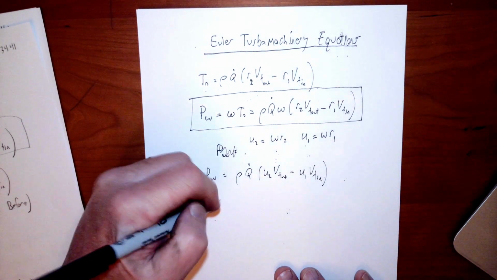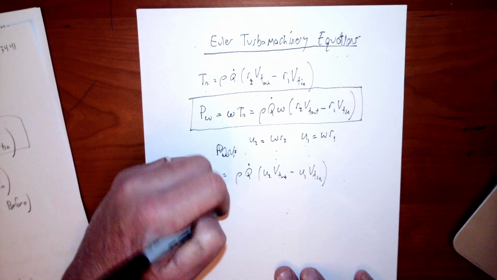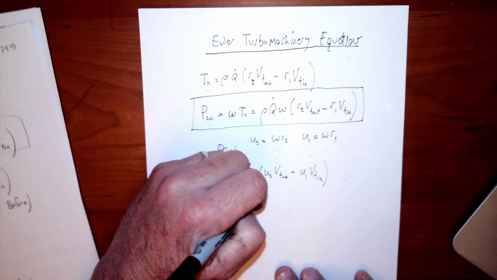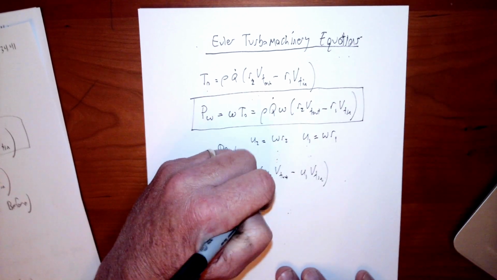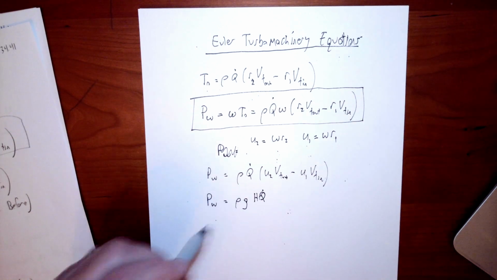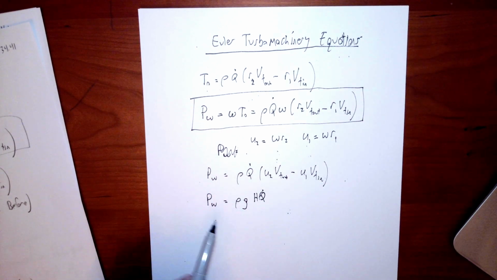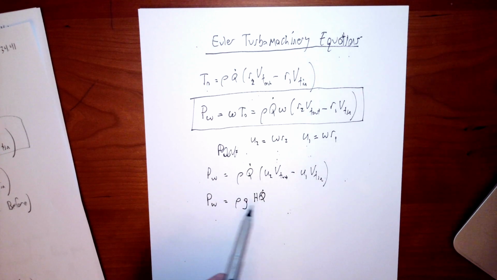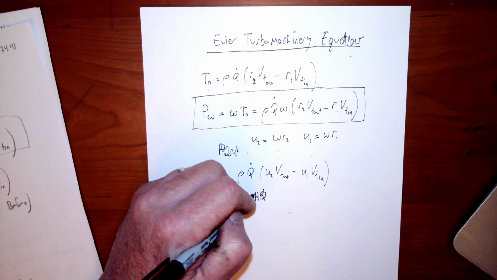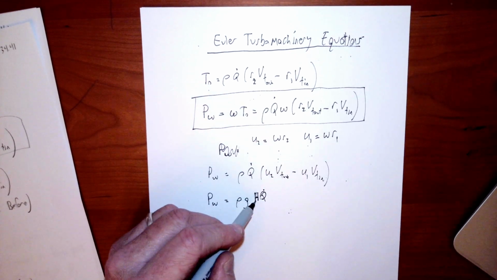We also showed before that the water horsepower was equal to rho G H Q dot. So this was back when we were initially looking at turbomachinery. The water horsepower can be related to a change in potential energy. The H is your net head, effectively as if you had raised the water to this height in meters.